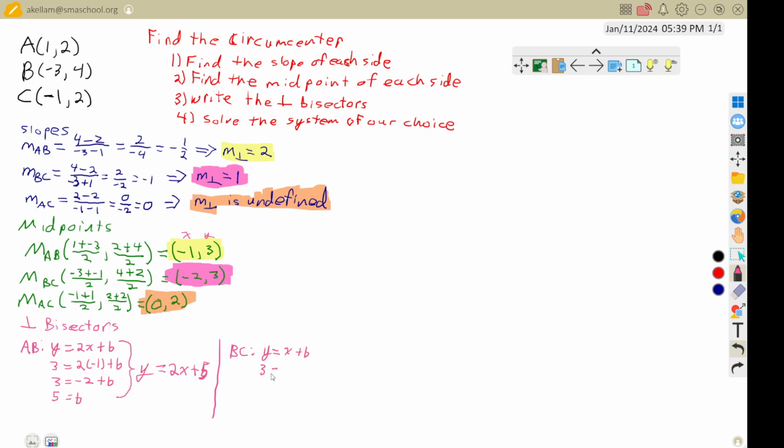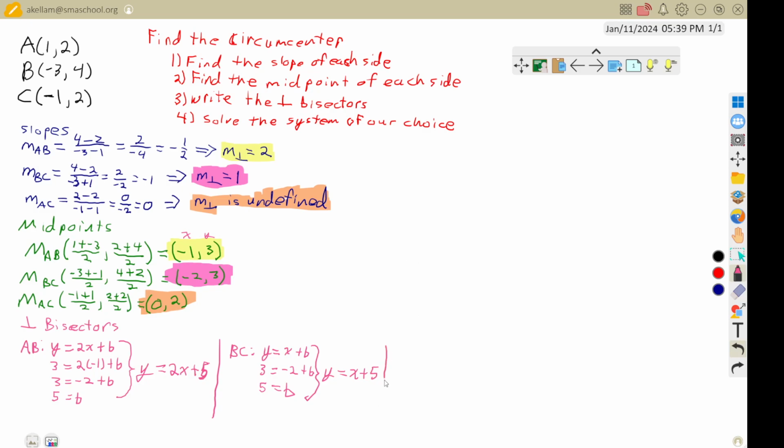So 3 equals negative 2 plus b. And then when we solve for b, that's going to give us 5 equals b. And this produces the line y equals x plus 5.